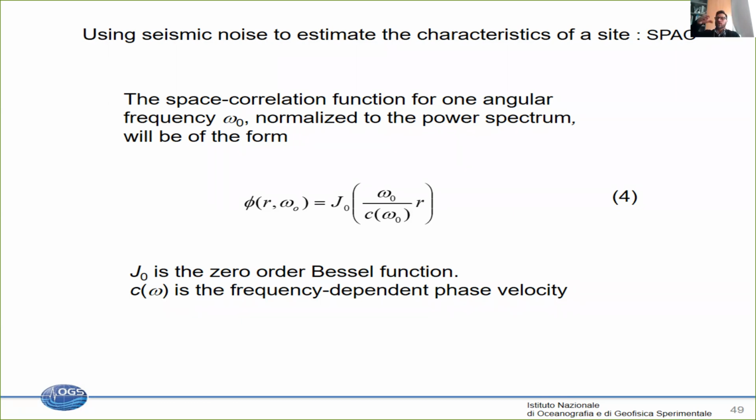How should this coefficient change with distance? Okay, this should be like a Bessel function. A Bessel function having the same frequency, omega 0, depending on the distance, and the value of this Bessel function will depend also on the phase velocity.